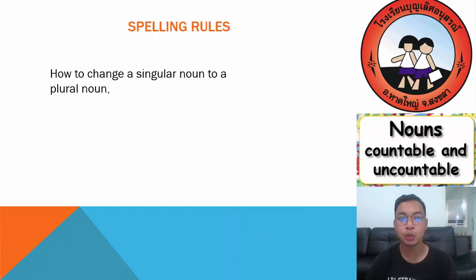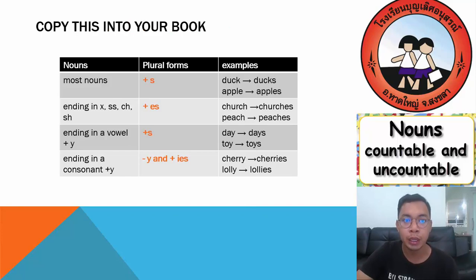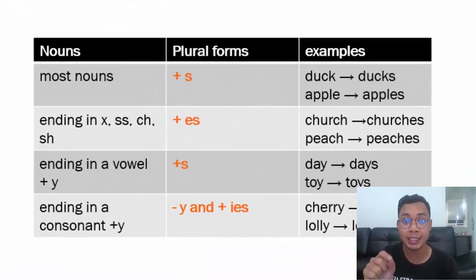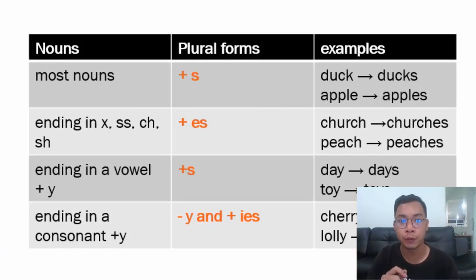Spelling rules: how to change a singular noun to a plural noun. For most nouns we put s at the end to make it plural. For example, duck becomes ducks. One duck, two ducks. One apple, two apples. For words ending in x, ss, ch, or sh, we put es. For example, church, churches.